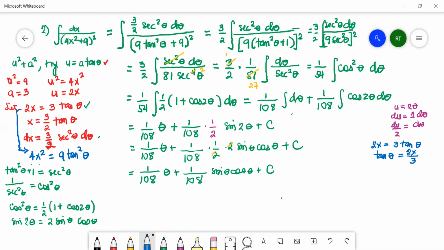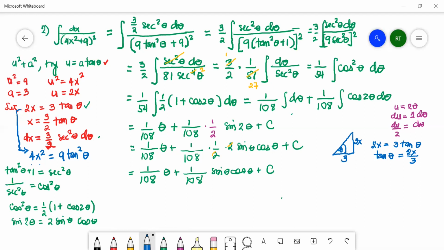Okay, and if we are going to refer again to a right triangle whose acute angle is theta, let me draw the right triangle with the acute angle theta. Now, by definition, tangent of theta is opposite over adjacent. Since tangent of theta is 2x over 3, then the opposite side is 2x and the adjacent side is 3.